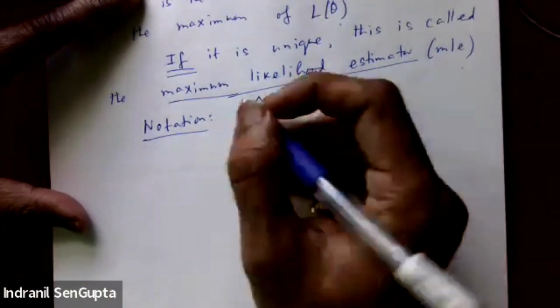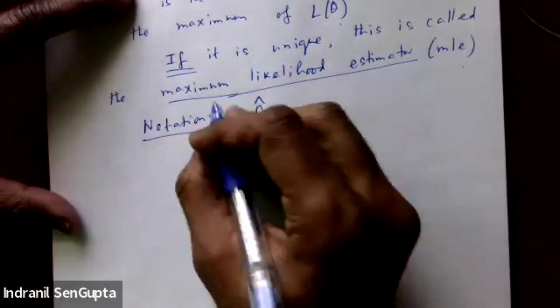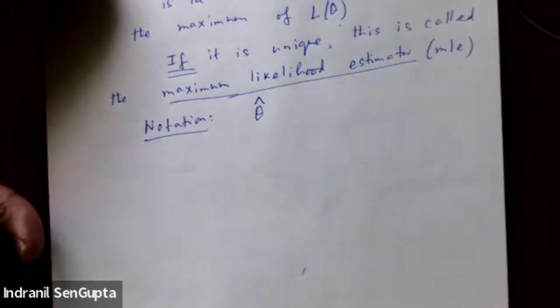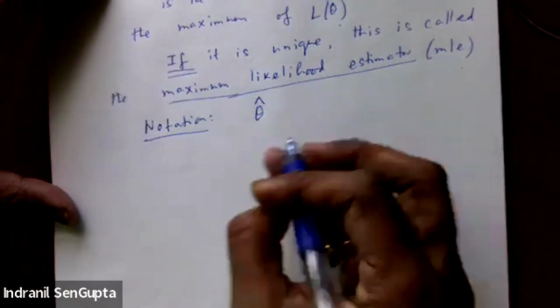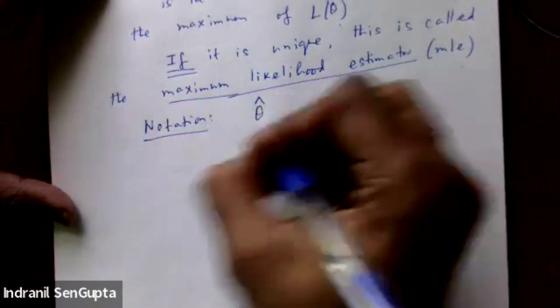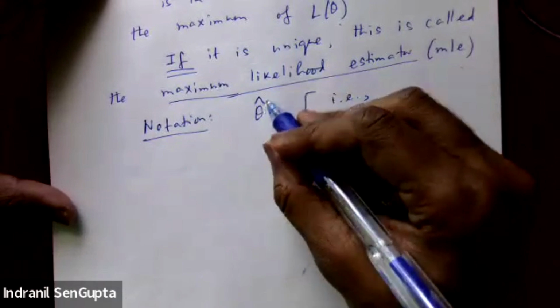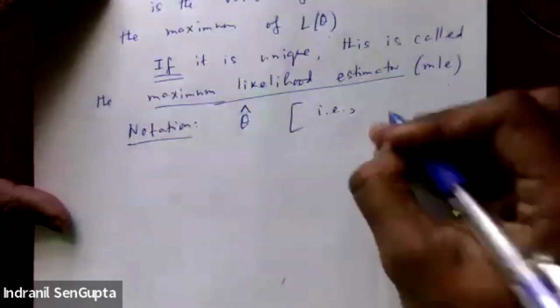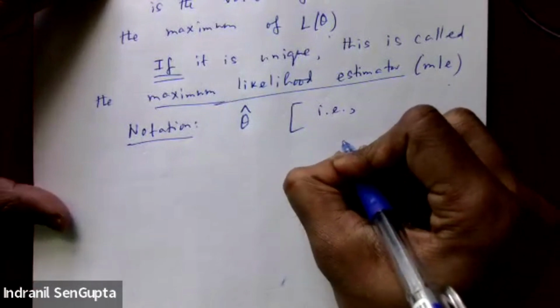How do you compute it? It's calculus. Again, I'm in step two. Step one is the construction of the likelihood function, and step two is to maximize it. So theta hat is a value that maximizes this L theta. We write this mathematically as the argmax.